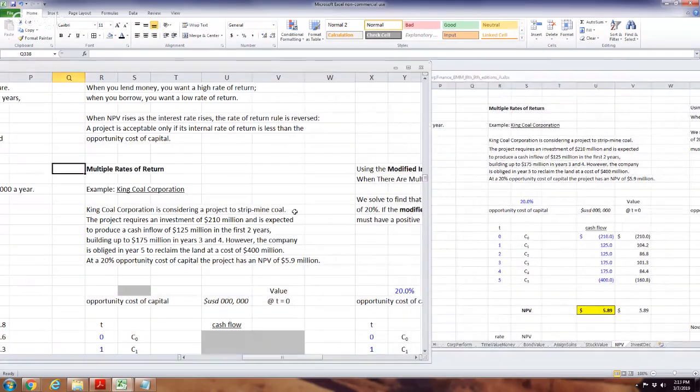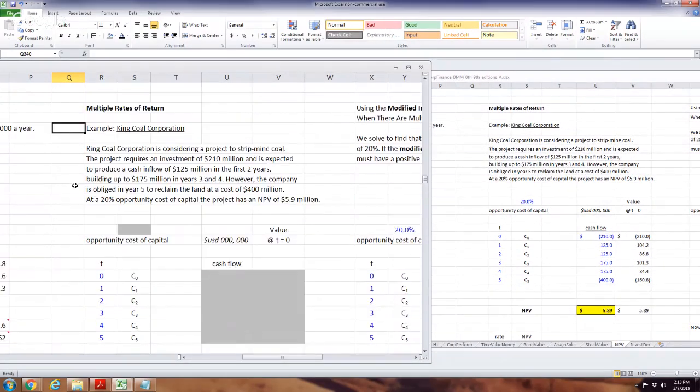So, mine coal. The project requires an investment of 210 and is to produce 125 million for the first 2 years, then 175 in years 3 and 4. But then it says the companies are obligated to reclaim the land. I'm trying to wrap my mind around the economics of what this all is.